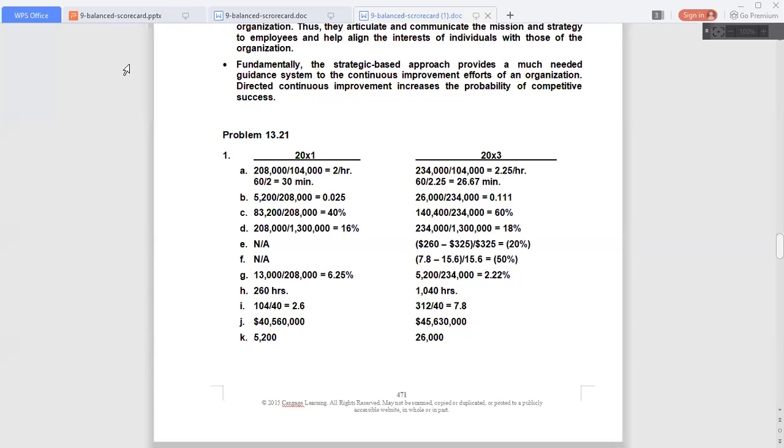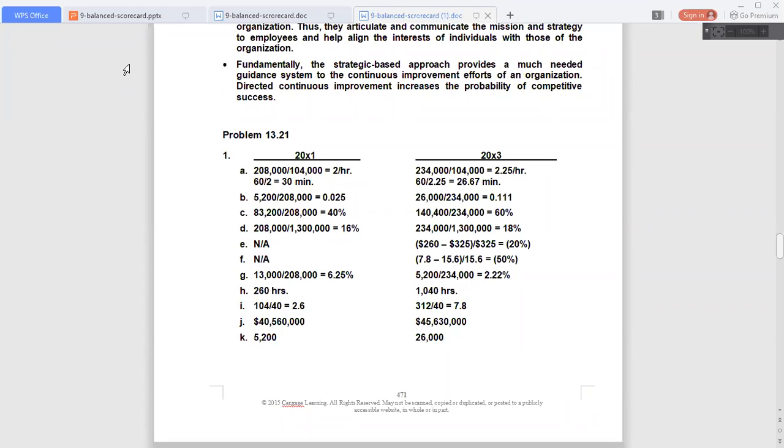Not applicable to letter E and to letter F. In letter F, computing for the requirement percentage change in days of inventory for 20x3, we have 7.8 given minus 15.6 over 15.6. So that will give you 50%.